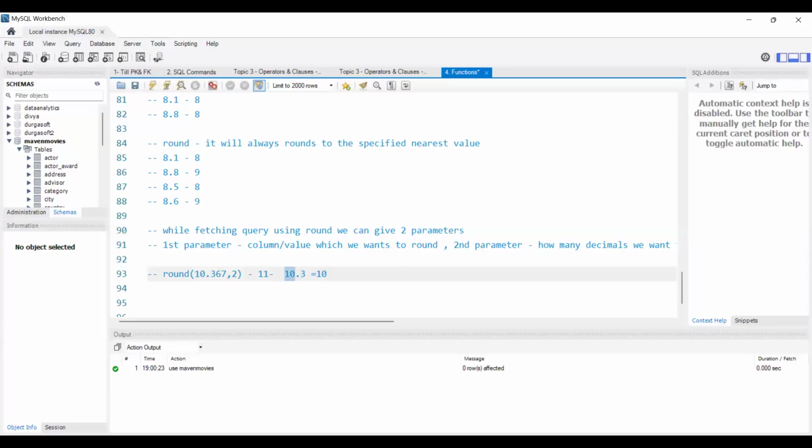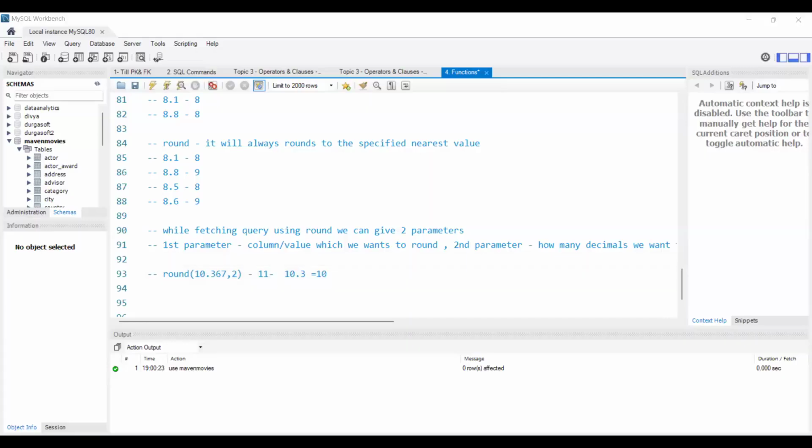But if I am saying I want to round to two decimals, in the sense 3 6, I will consider the second decimal, which is 6, greater than 5, so I will round to the next value. I hope I'm clear. Yes, Divya. So like this, whenever we are using round, we will use these two parameters also, if we want to round to any particular decimal point.